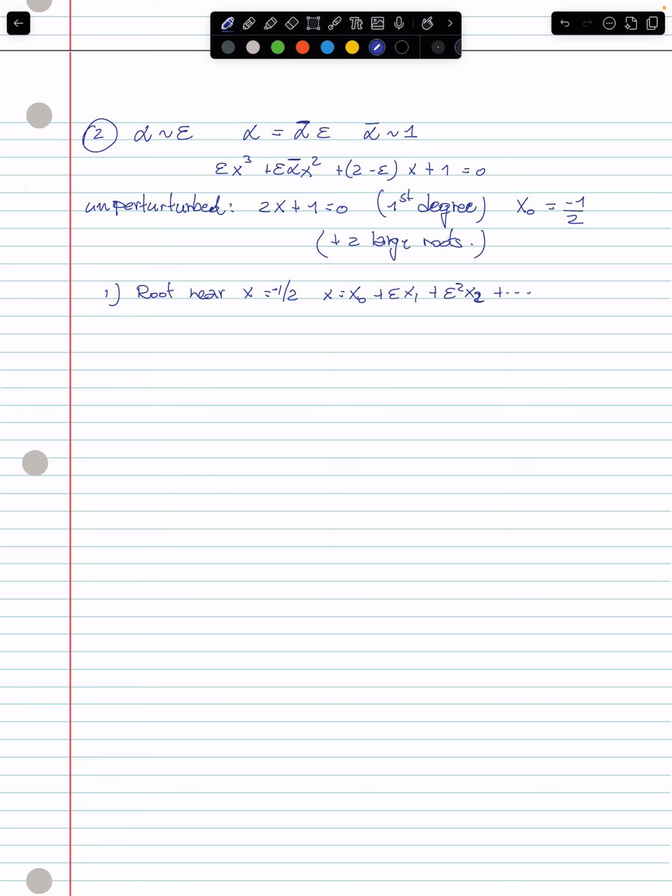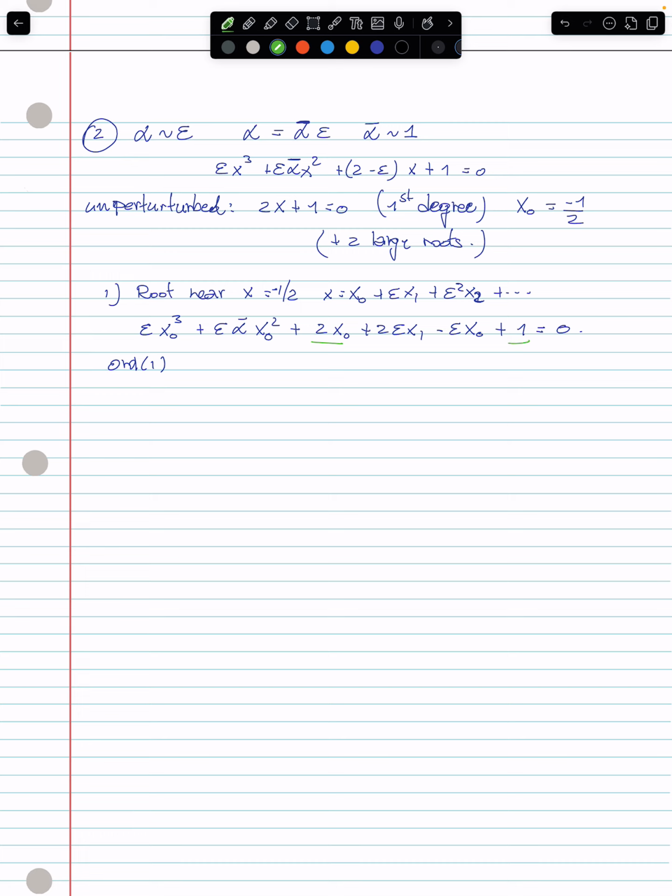If we push this into the governing equation, we have epsilon times x0 to the third, plus something of order epsilon squared that I'm going to momentarily drop because I want to focus only on the first two terms, plus epsilon alpha bar x0 squared plus 2 times (x0 plus epsilon x1) minus epsilon x0 plus 1 is equal to 0.